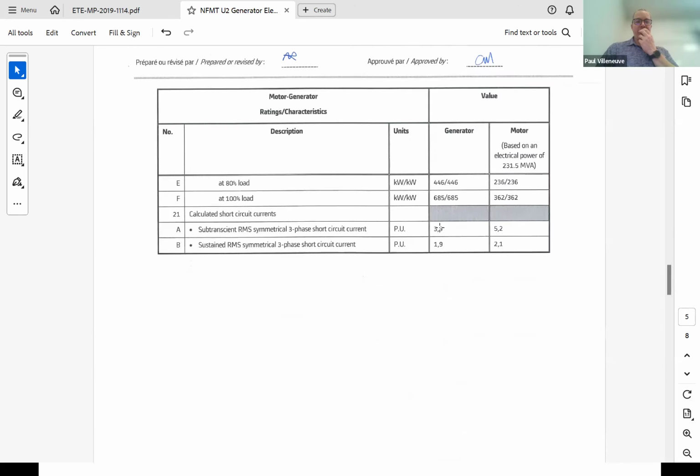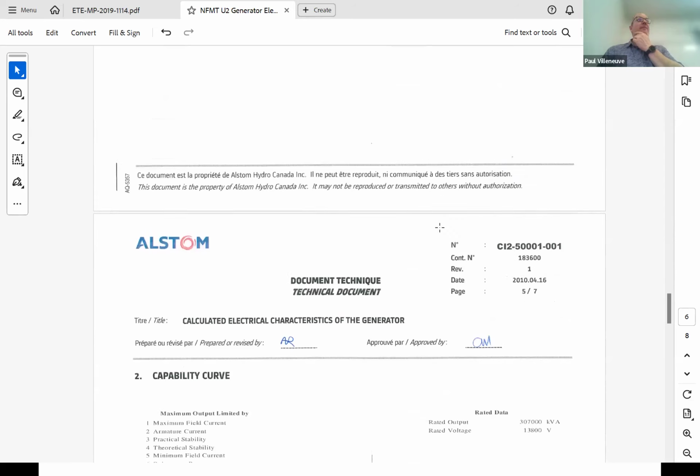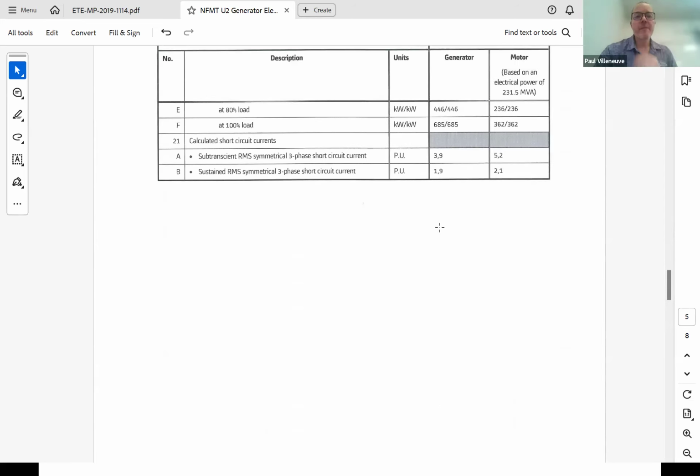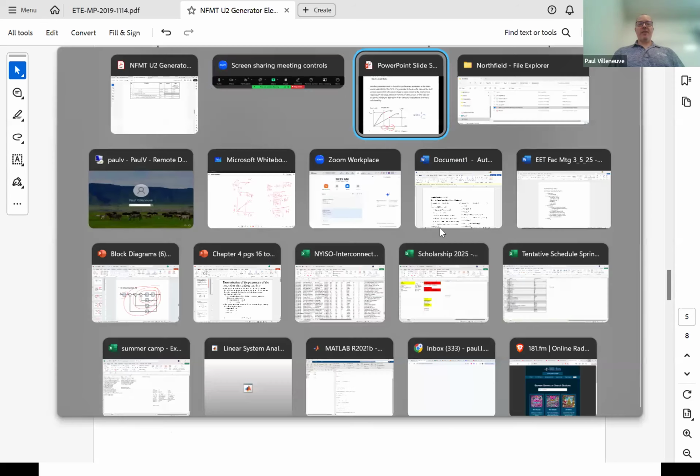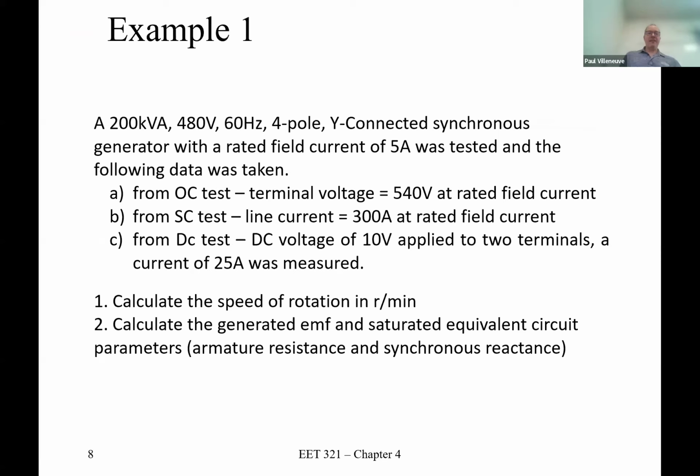Line losses. But I don't see a short circuit ratio calculated here. Yeah, those are the actual short circuit currents, if you actually put a short circuit on the terminal, that's what you would get. Okay. So again, I don't know how useful that parameter is, but we just explained it in case you need to see it. Okay, go ahead.